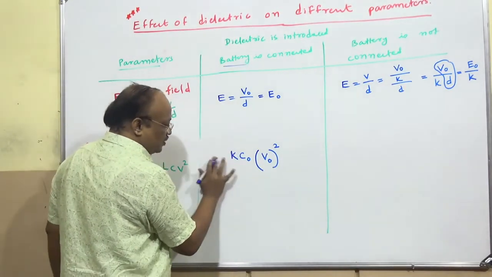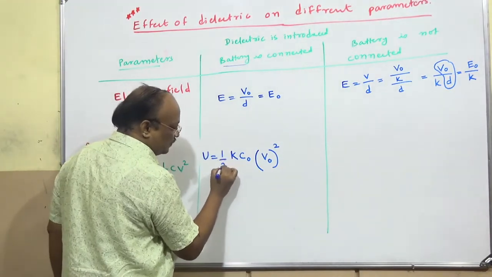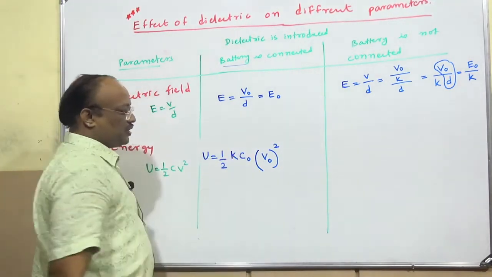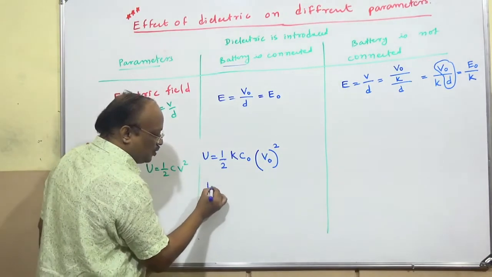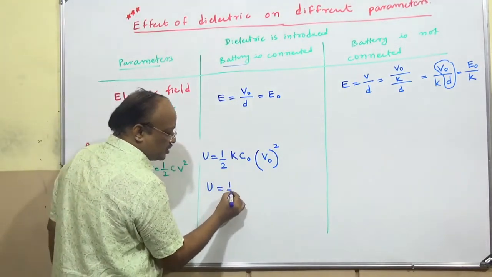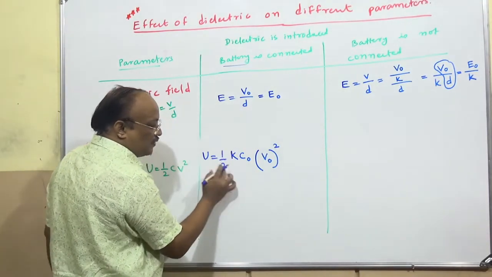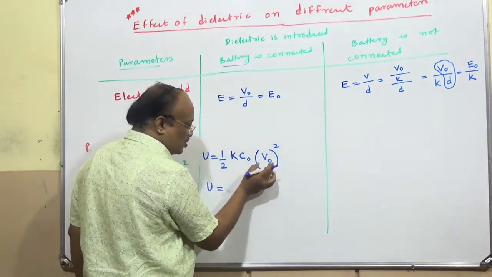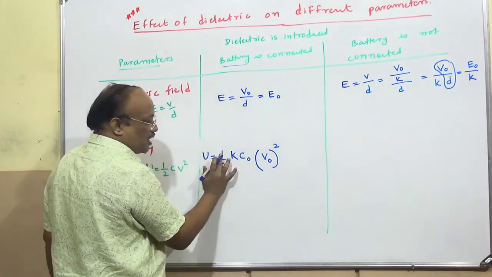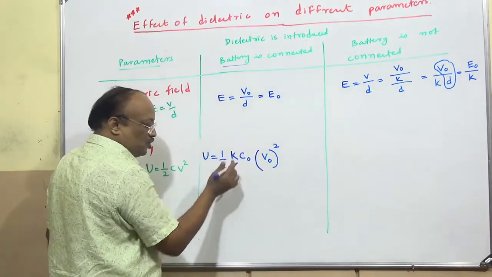So here U is equal to half of K into C naught V naught square. So all this half C naught V naught square, all this becomes U naught.